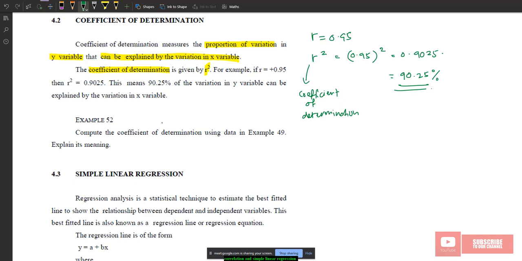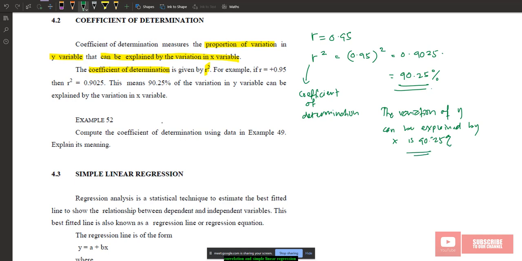The variation of y can be explained by x by 90.25%, right?